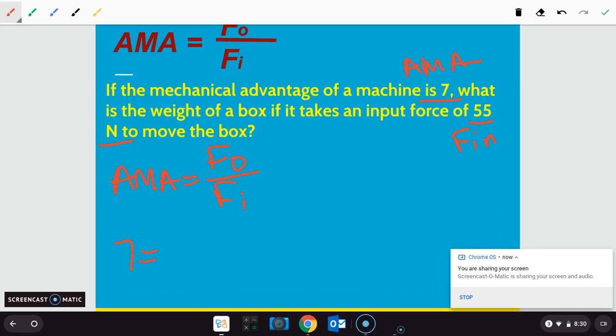AMA is 7, force out we don't know, over force in of 55 newtons. So I would take 55 times 7 when I rearrange and get a force out of 385 newtons.